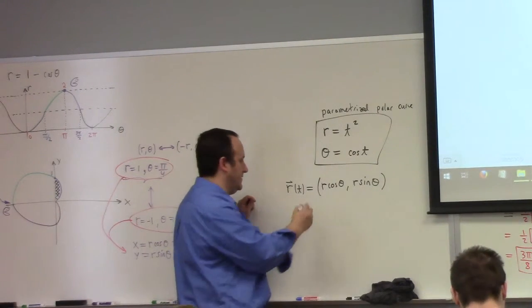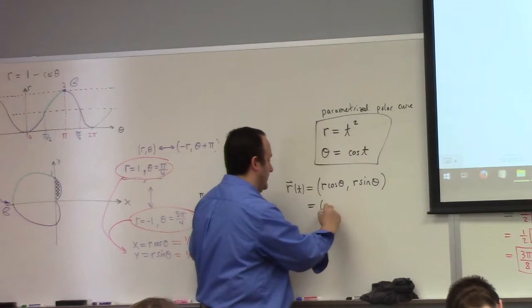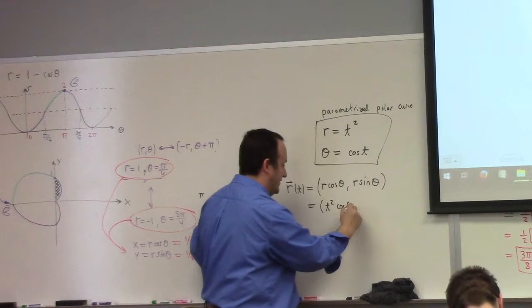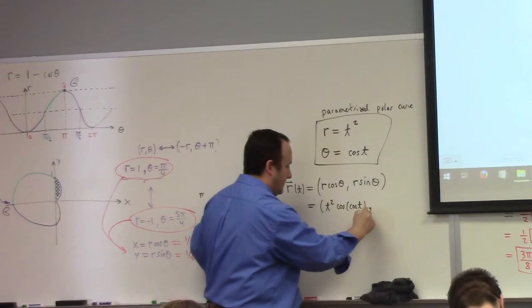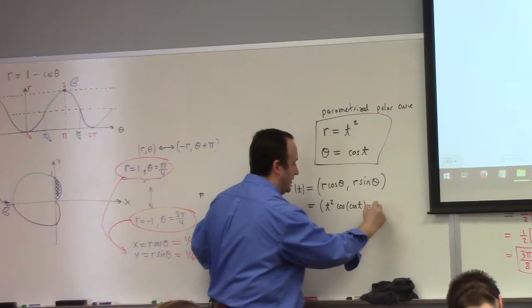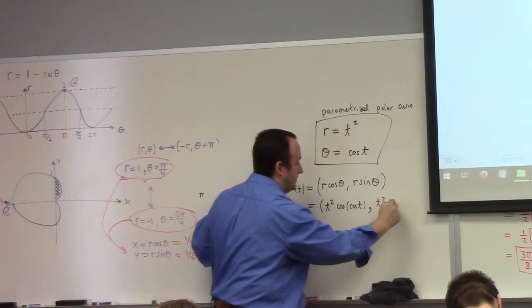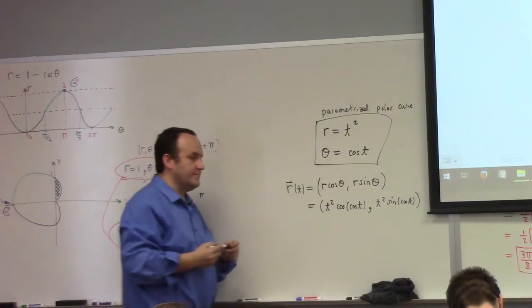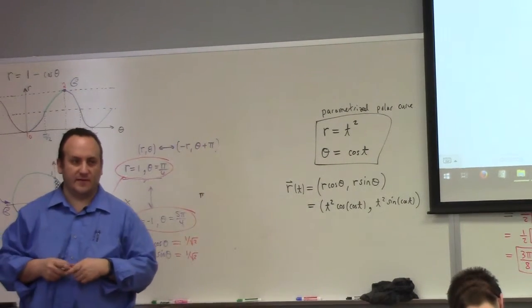So this would mean t squared cosine of cosine t, and then t squared sine of cosine t. That's what that means.